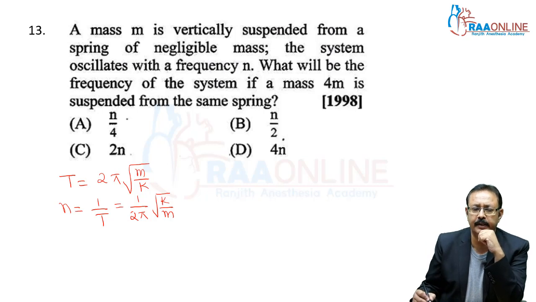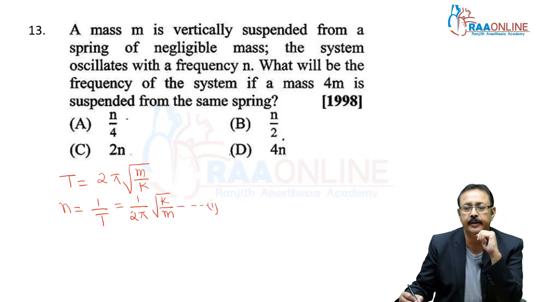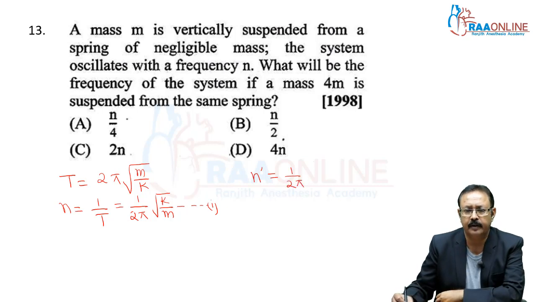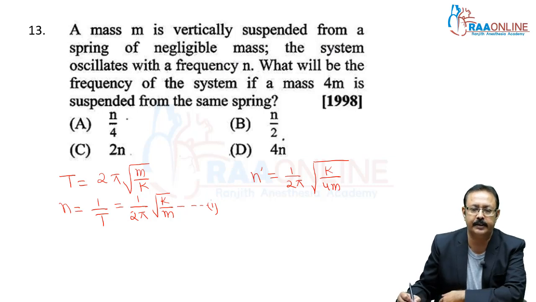Now, what is happening there? Initially, the frequency was n. It was the initial case. Now the frequency is changed. Why? 2 pi is the same constant. The spring is the same, so the same force constant we are using. In place of m, we put 4m. It is the cause for the change of frequency.